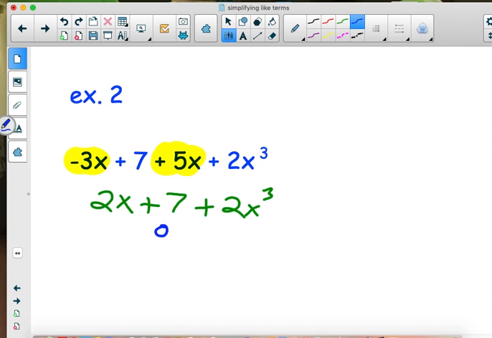So if you wanted to rewrite this properly, you would say 2x to the third plus 2x plus 7. These mean the same thing, but this is the proper way because you want to go from greatest degree to smallest. You do not need to know this in 7th grade, but I'm letting you know now. We good? Yes.